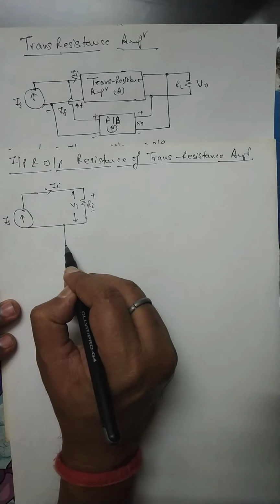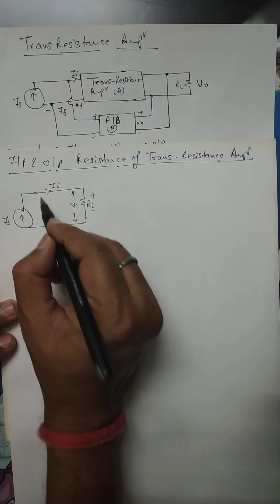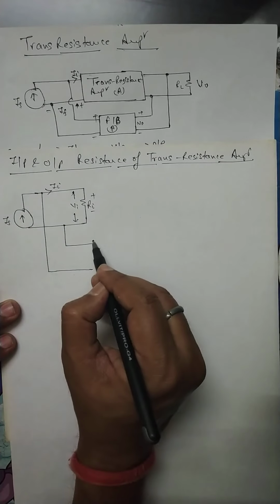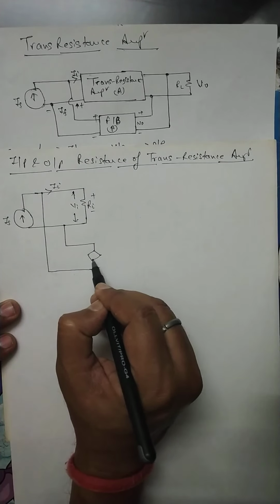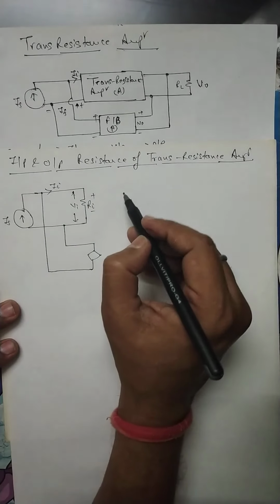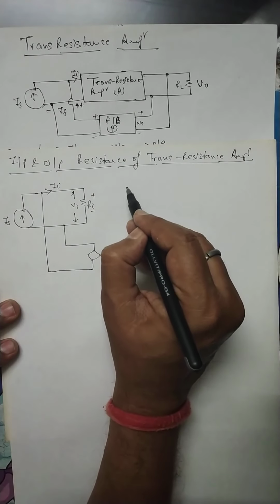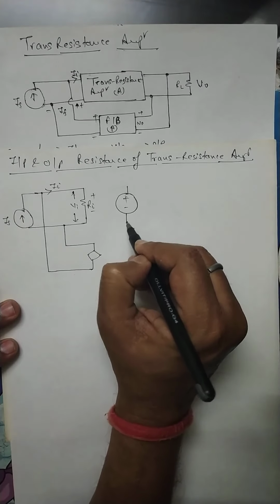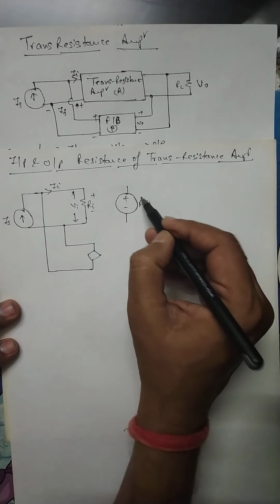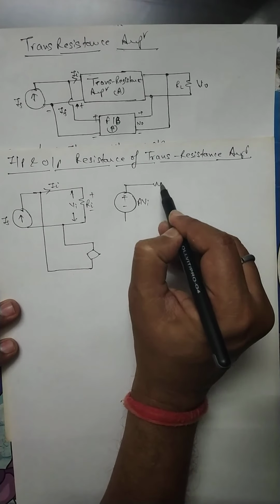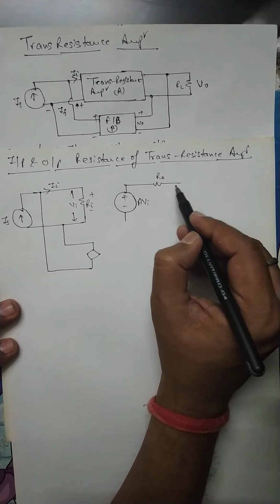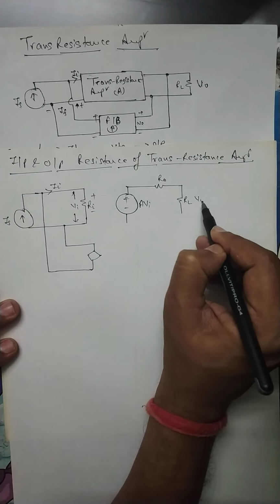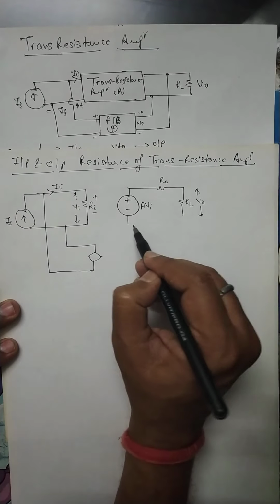Now just see at the feedback what we obtained. At the output it is a current dependent voltage source A into Vi, then R0, and this is RL with voltage source V0.